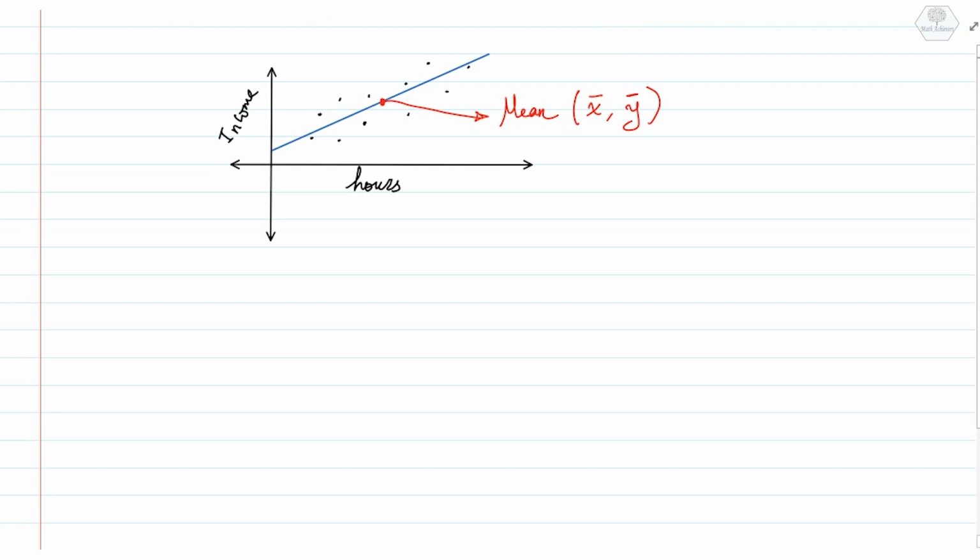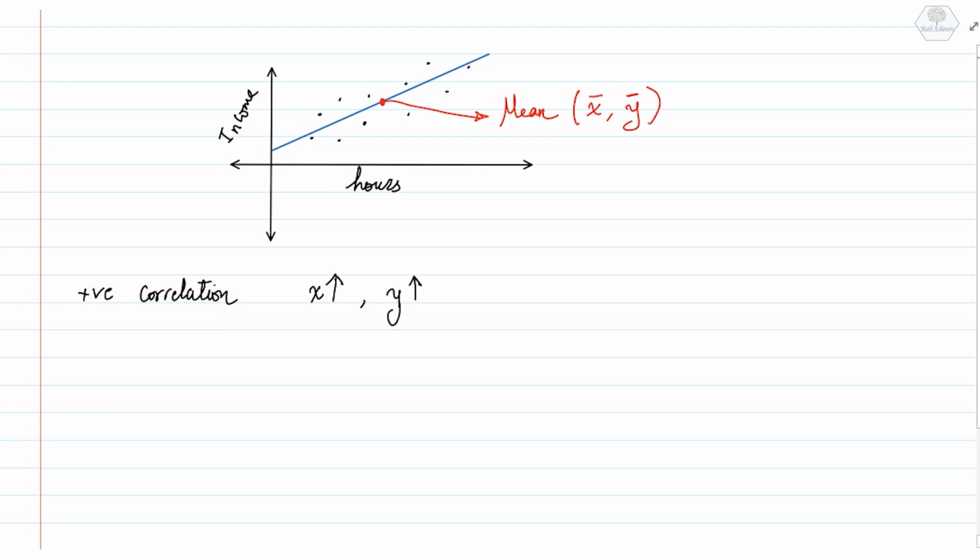Now, to see a relationship between two variables, either they are negatively correlated or positively correlated. When I say positively correlated, I mean if I'm having two variables, x and y, a positive correlation means as x increases, the value of y increases.